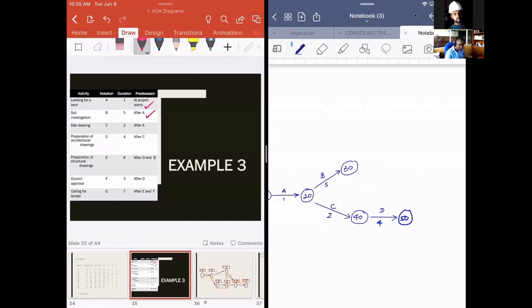E should be after D and B. This is the place that we have to be careful. We have to finish D and we have to finish B, both, to start activity E. B finishes at this point, D finishes at this point. So the next activity should start from both those nodes.